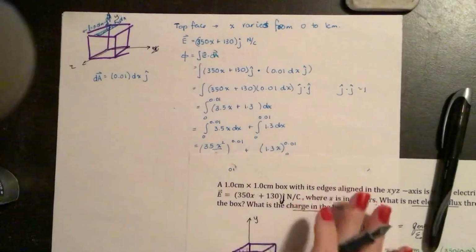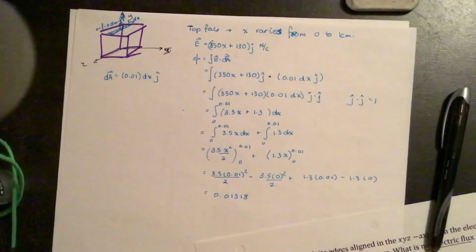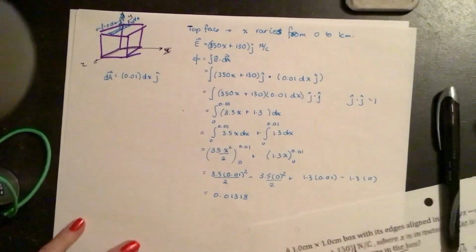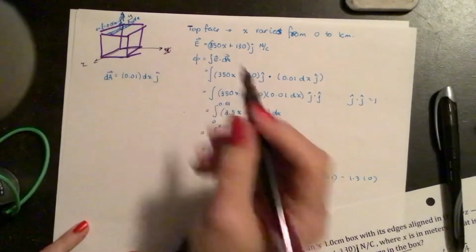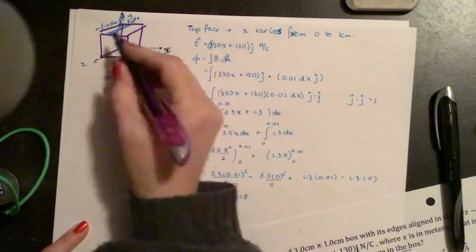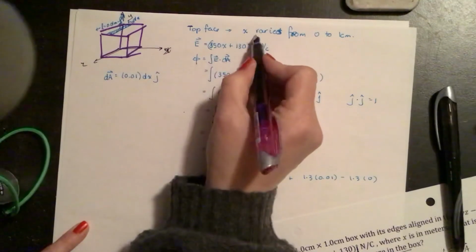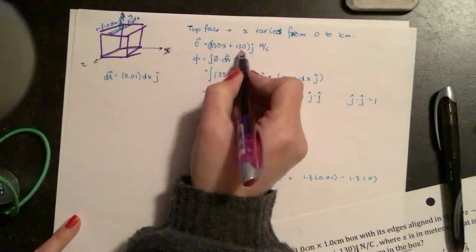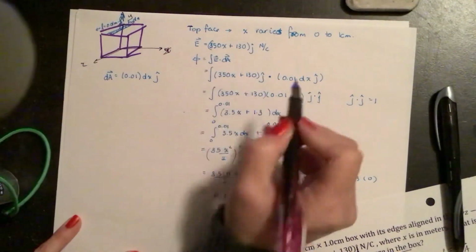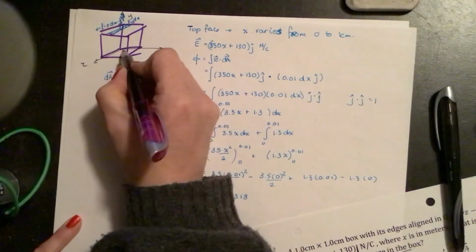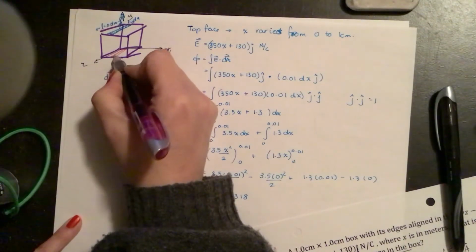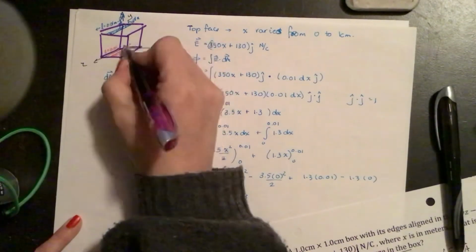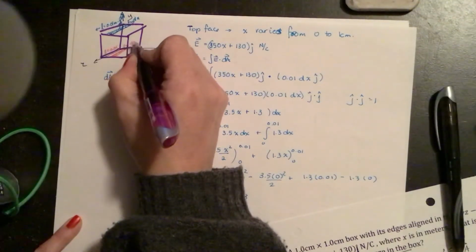Okay, now for my bottom face, I can do all of this again exactly the same, or I can take advantage of a little bit of symmetry here. On my bottom face, x varies from 0 to 1 centimeter. My electric field is going to be 350x plus 130j. For my dA, I'm going to pick my area element to be a little strip of the surface with a length of 0.01 meters and a width of dx.